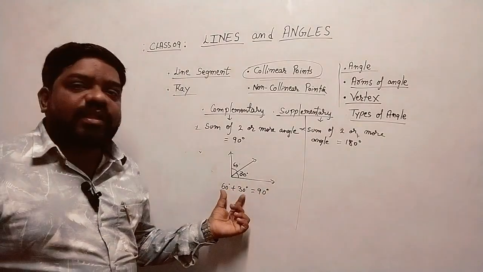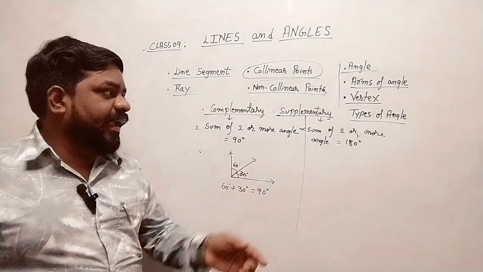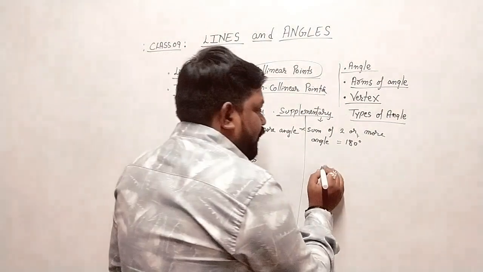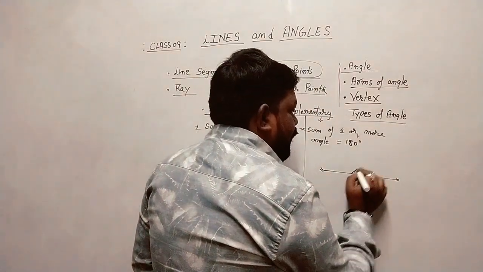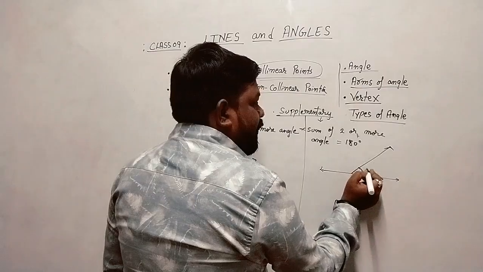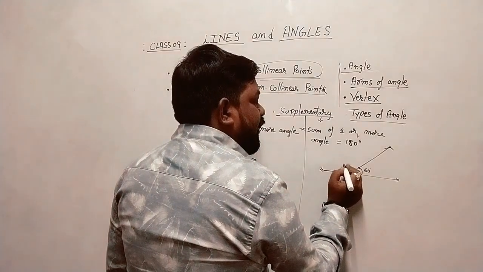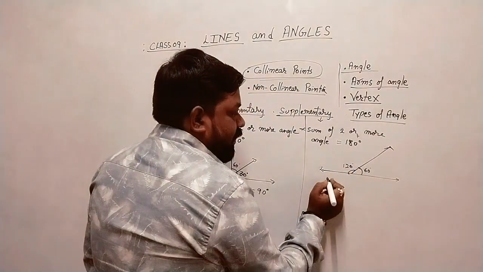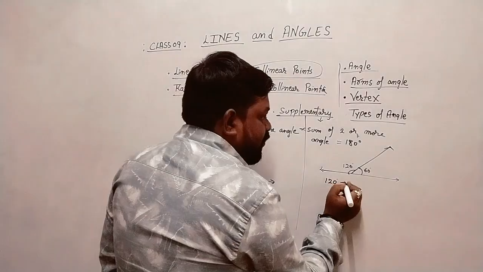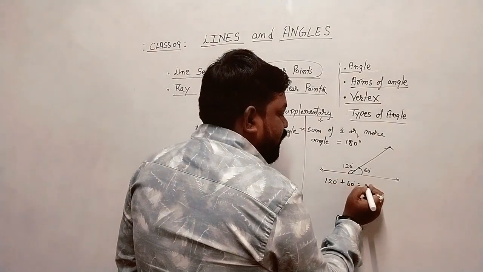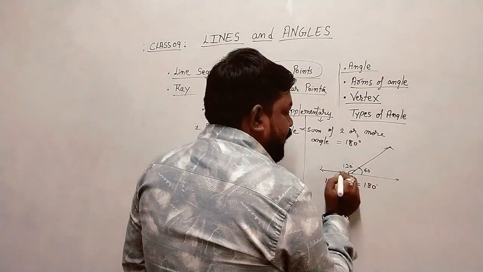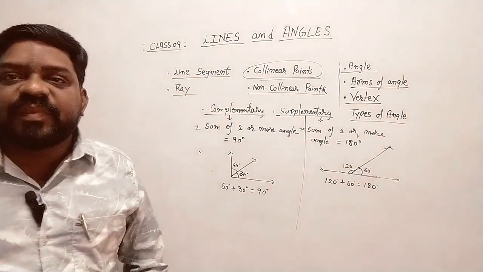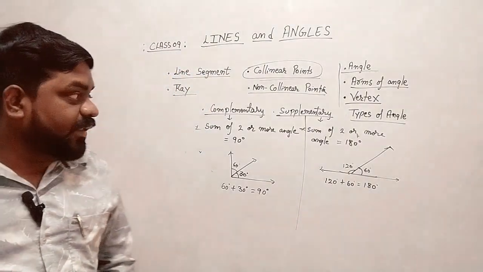So these two are complementary angles. Now consider this one. I will name it as 60 degrees and 120 degrees. The sum of these two angles is equal to 180 degrees. So we call them supplementary angles.